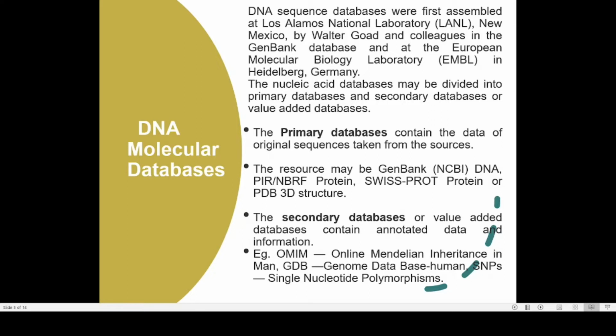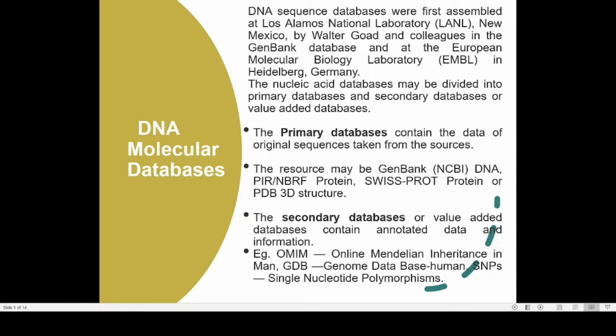So this secondary database will be containing annotated data. Annotation, in English, you have studied about annotation. Annotation means an explanation of a word or a paragraph. They will give you a line and they will ask you the annotation. Earlier, that kind of questions are there. So annotation means giving an explanation.